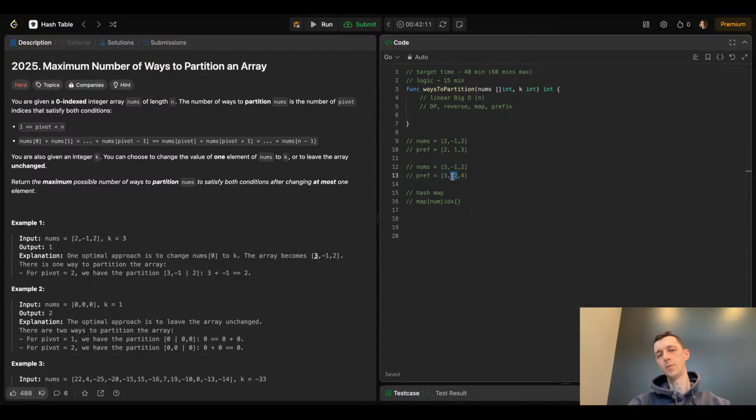at 2, we know that 2 is the sum of all these.